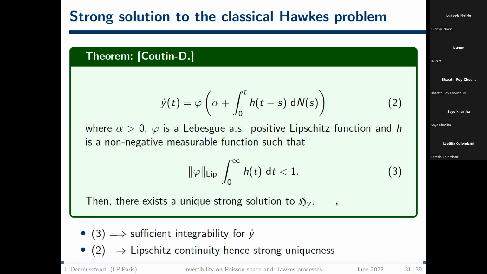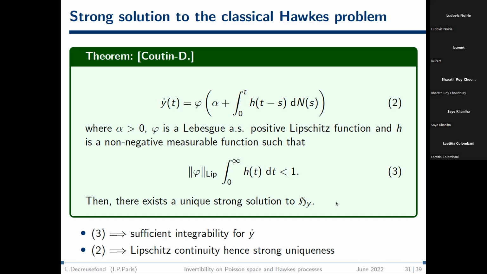What is the meaning of the two hypotheses? This one means that you have sufficient integrability for the intensity. And for this one, we assume that the function is Lipschitz.